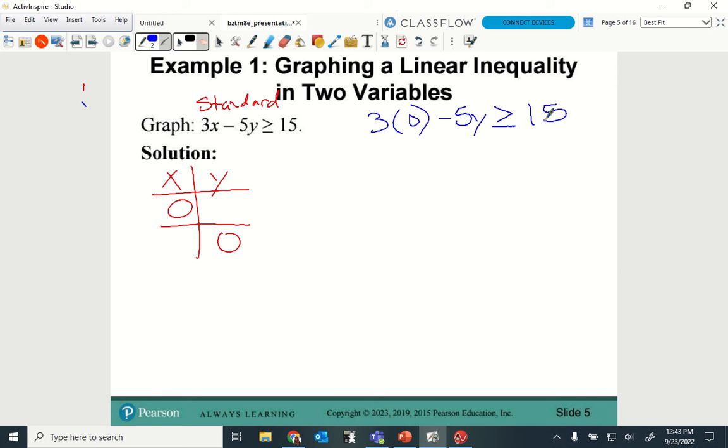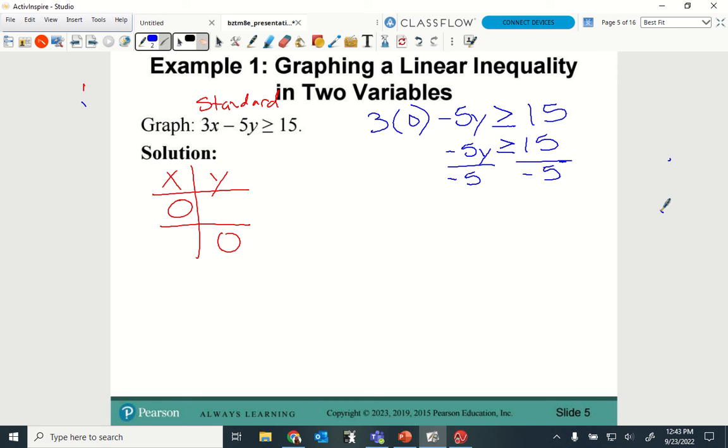Now, anything times 0 is 0, so that's going to go away. So I have negative 5y is greater than or equal to 15. And I've got to try and still get my y by itself. So what's going to happen to get my y by itself? Divide by negative 5. So this is going to be key here. Divide both sides by negative 5.